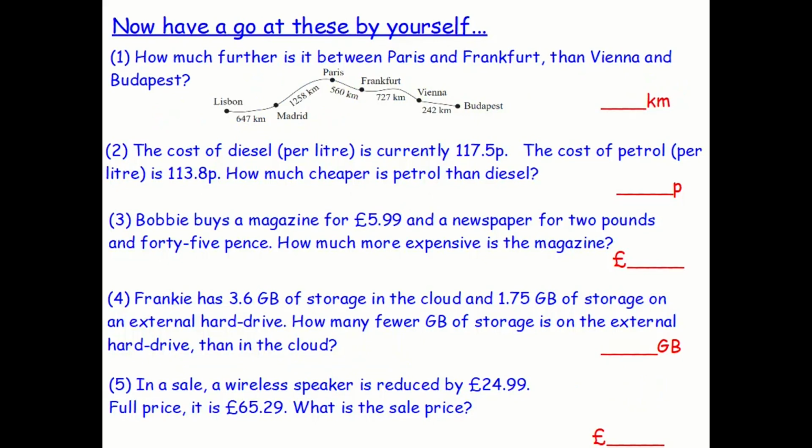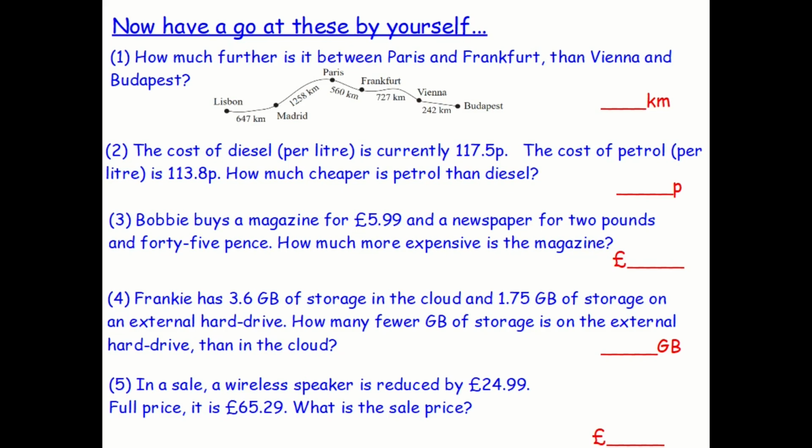Okay, here are some questions for you to have a go at yourself. So make sure that you are putting your workings in a column, and crucially you are lining up the decimal point and the digits of the same place value are in line.